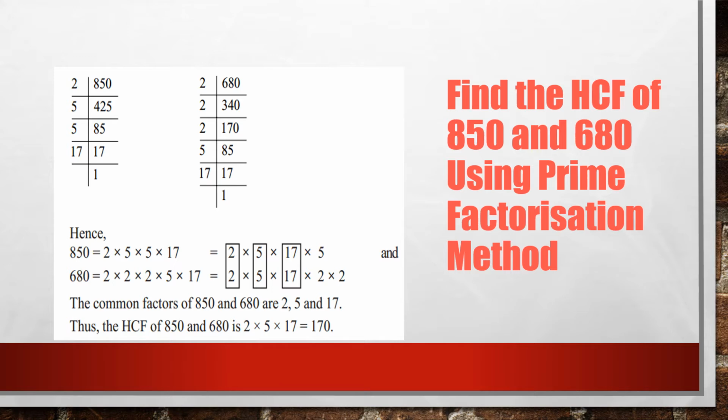The common factors for 850 and 680 are 2, 5 and 17. So to get the HCF of 850 and 680, we take the product of 2, 5 and 17, which gets us the answer 170.